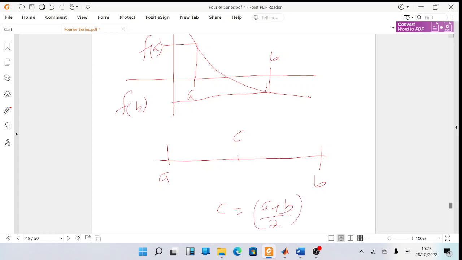So the bisection method partitions the given interval into two equal sections. Once we find c, the midpoint, we have two intervals: the interval between a and c and the interval between c and b.